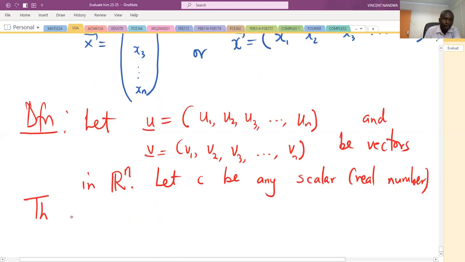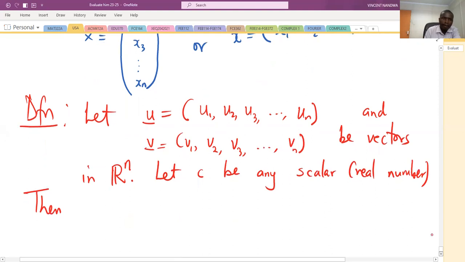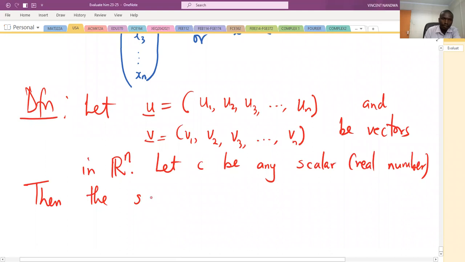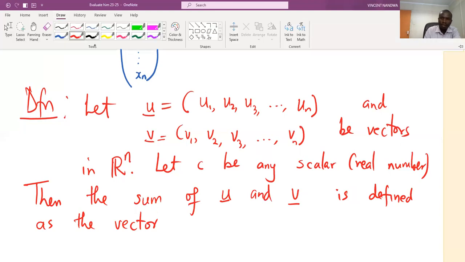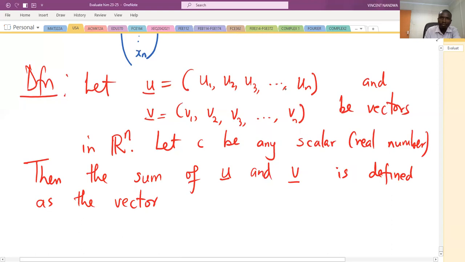Then the sum of vector U and vector V is defined as the vector. So when you add these two vectors, they have the same size, so it would be U plus V, you simply add corresponding components.